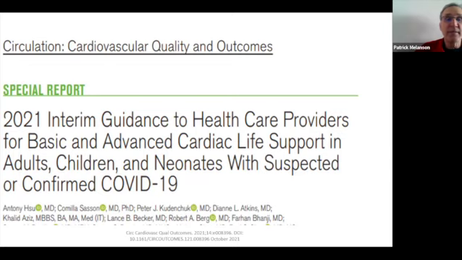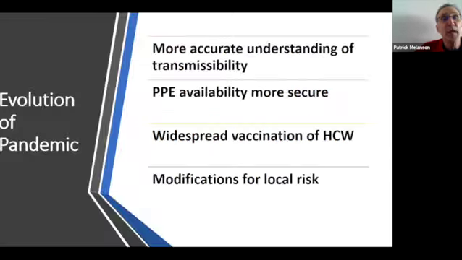So this is the interim guidance for CPR with confirmed or highly suspected COVID-19. What they're saying is that the pandemic has evolved a lot in the last 18 months to 2 years. We have a much more accurate understanding of transmissibility than before. PPE availability is now much more secure.